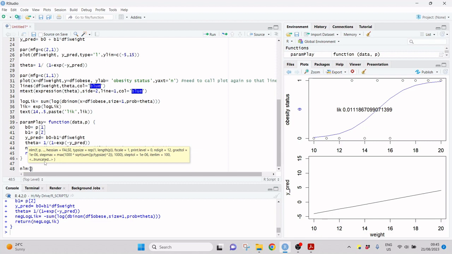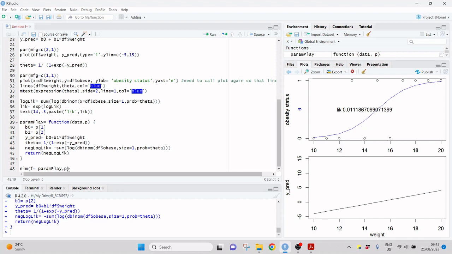I just want to show that this can also be done in an automated way. We have an f argument, which is the function we just defined, our parameter play. The goal of this function is to optimize our parameters to get the best fit, so to get the minimization of the negative log likelihood.